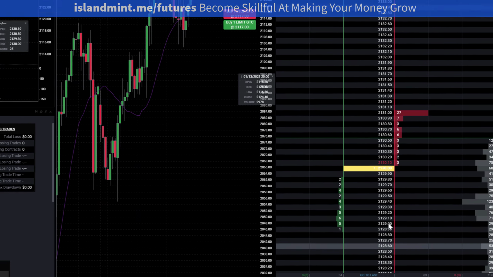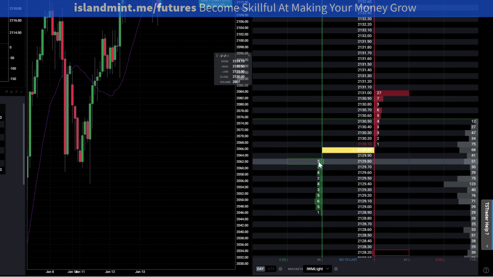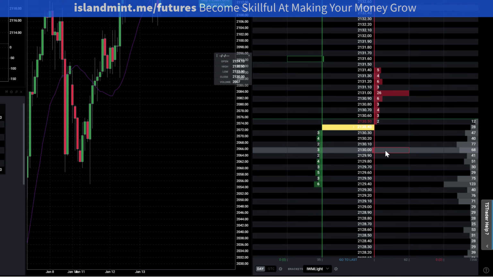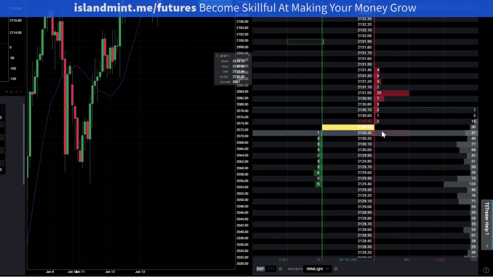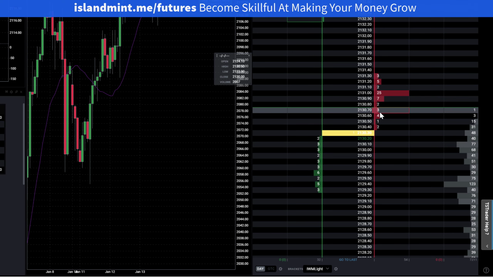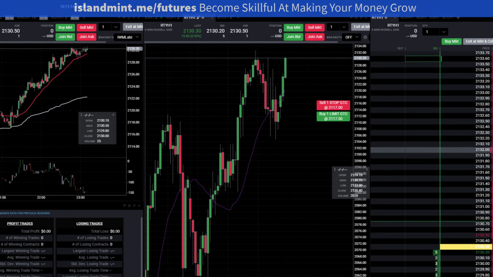As you can see here, it's practically an average of around 2 or 3 contracts at each level. It is very easy to run stops on the Russell 2000 on the RTY. It's very easy. So if it does break 2130 here, and you can see here 3 contracts are being offered there, the liquidity above this level can be very easily tapped all the way up into 2132, up into 2133.50 even.